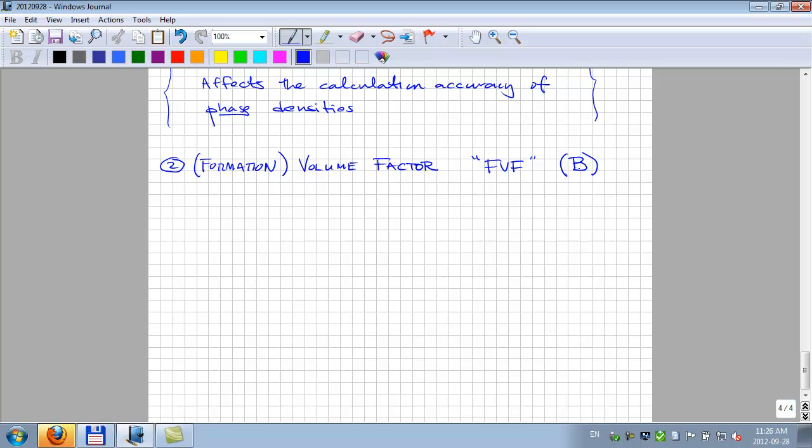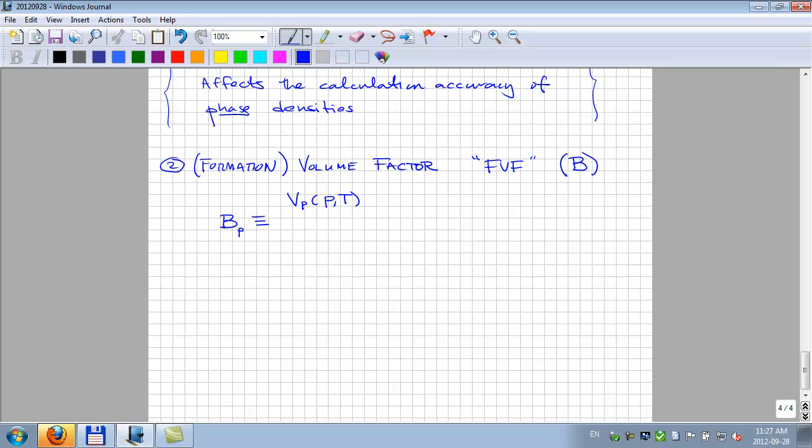And once again, there's a volume factor for the gas phase, and there's a volume factor for the oil phase. Okay? But the generic volume factor definition is that for a particular phase, it's the volume of that phase at some pressure and temperature that we started with.